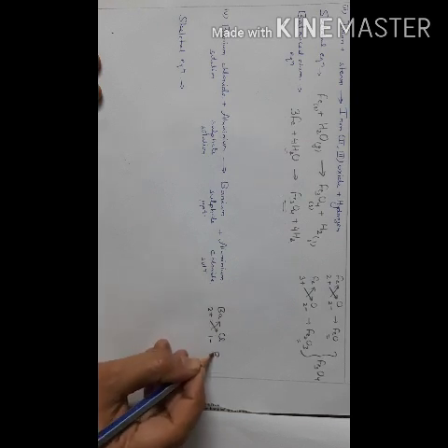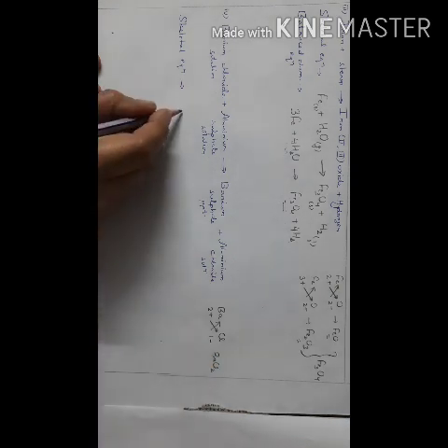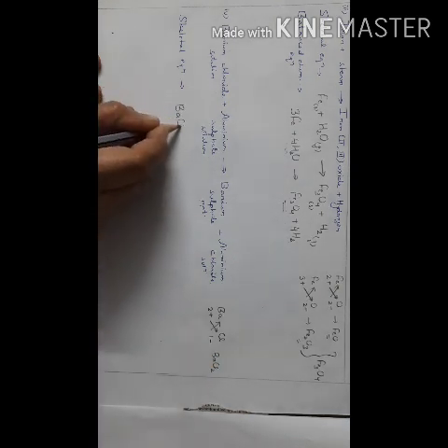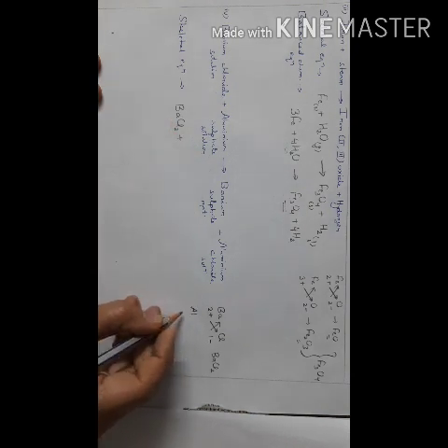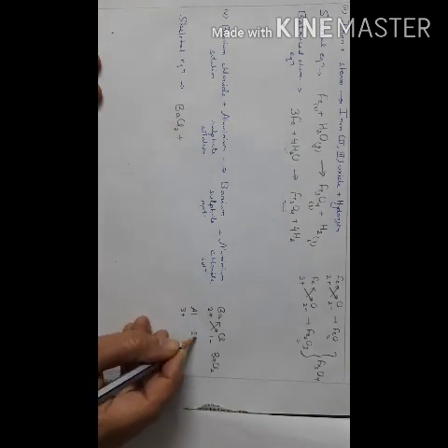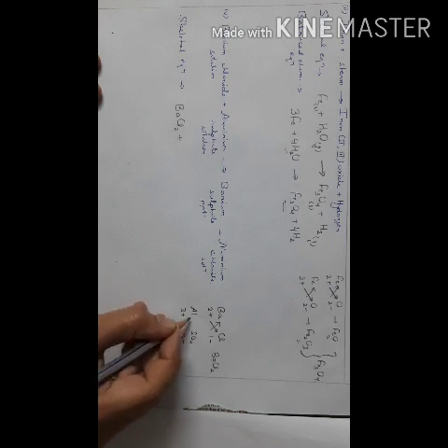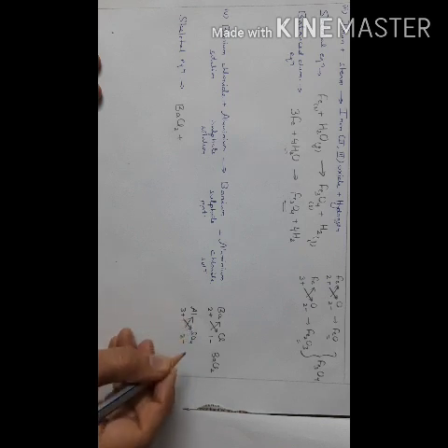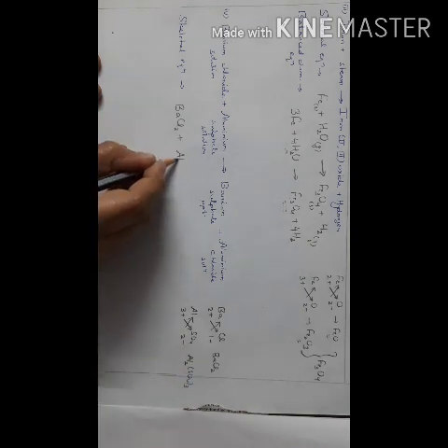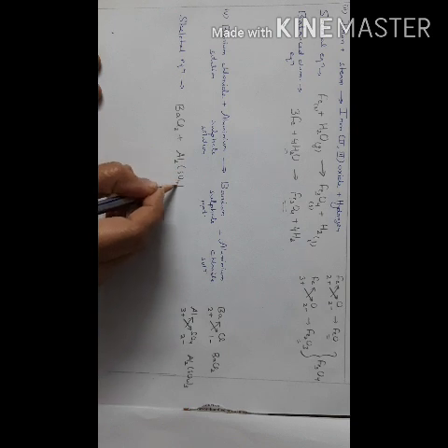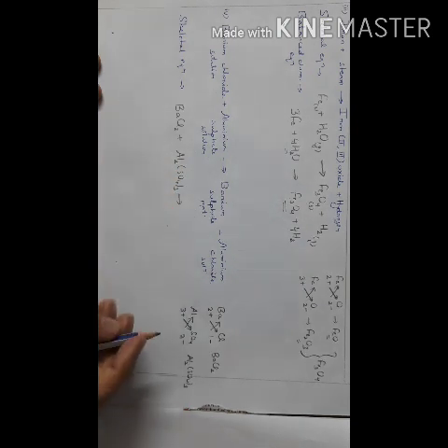Crisscross, the formula becomes BaCl2. The next compound is aluminium sulfate. Aluminium ions 3 plus, sulfate ions 2 minus. Derive the formula, it becomes Al2(SO4)3. Then comes the next compound, that is BaSO4.